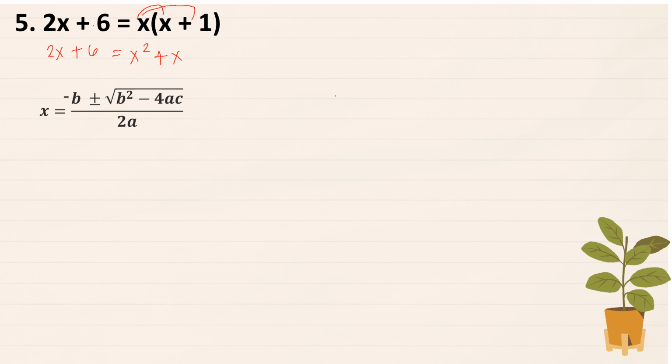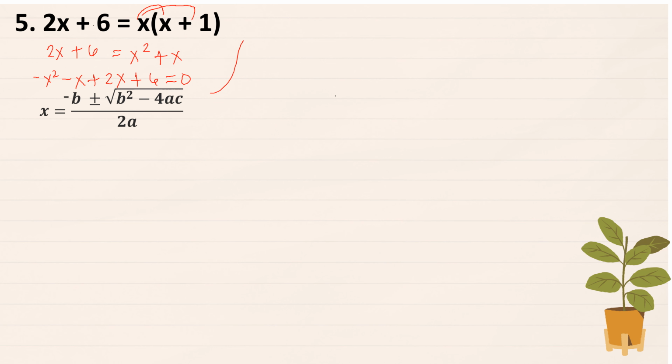So the x squared will be transposed and becomes negative x squared. Then the positive x transposed will become negative x. The positive 2x will be rewritten, we need not change the sign. The positive 6 is still the same, positive 6.